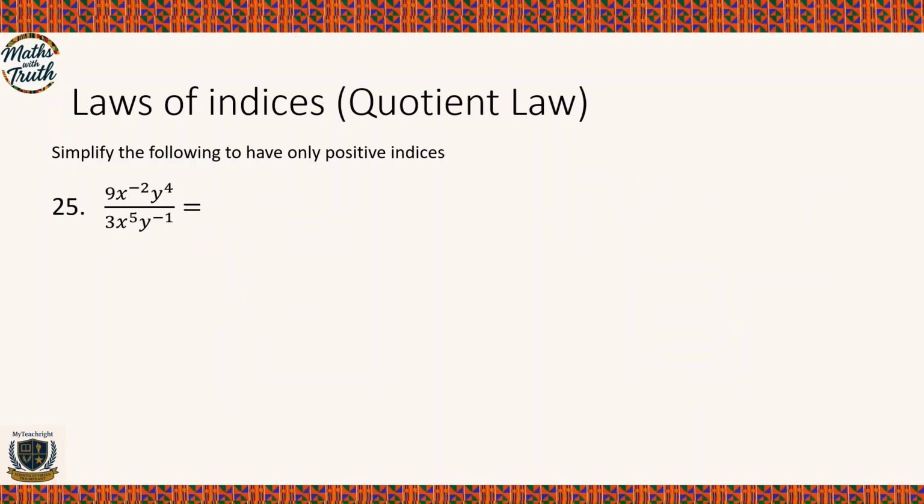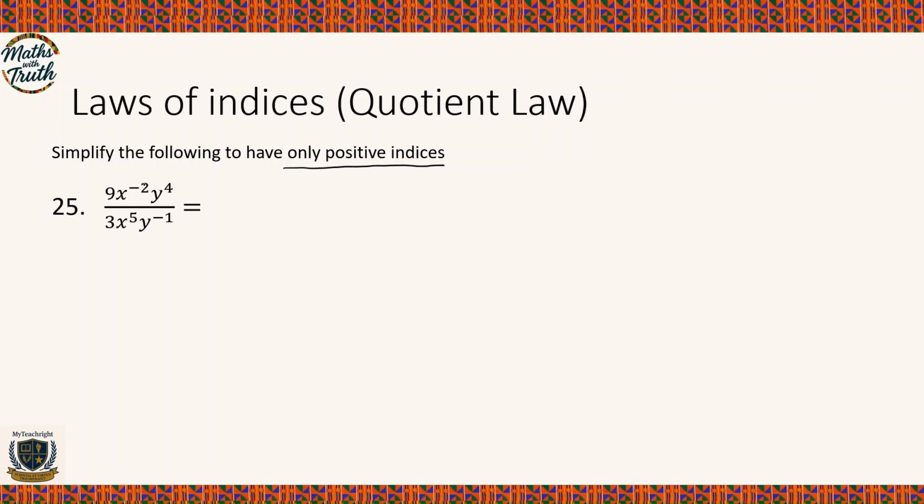Here we have to simplify the following to have only positive indices. Another condition has been thrown in here. We are not just to simplify, but we have to simplify and not have negative indices in there.